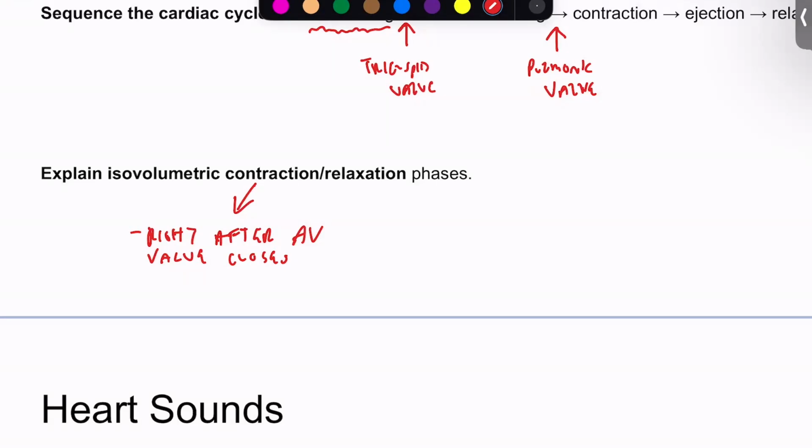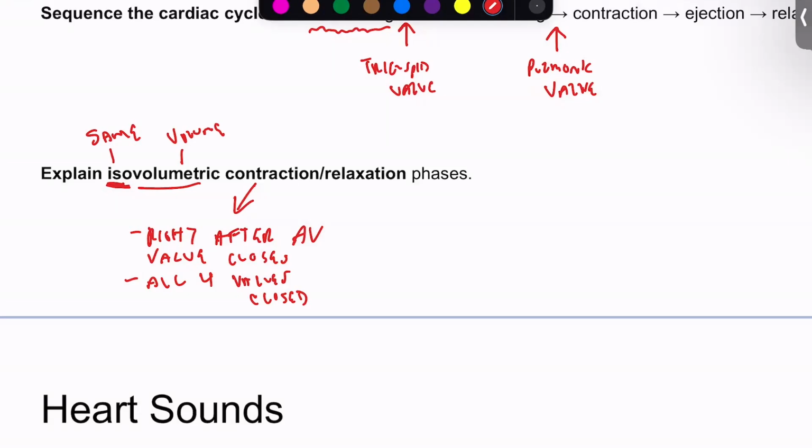It's called isovolumetric because iso means same, and volumetric, so same volume. And it's the same volume because all four valves are closed. So our volume of blood is not changing, even though our pressure is, because our ventricles are still squeezing together.